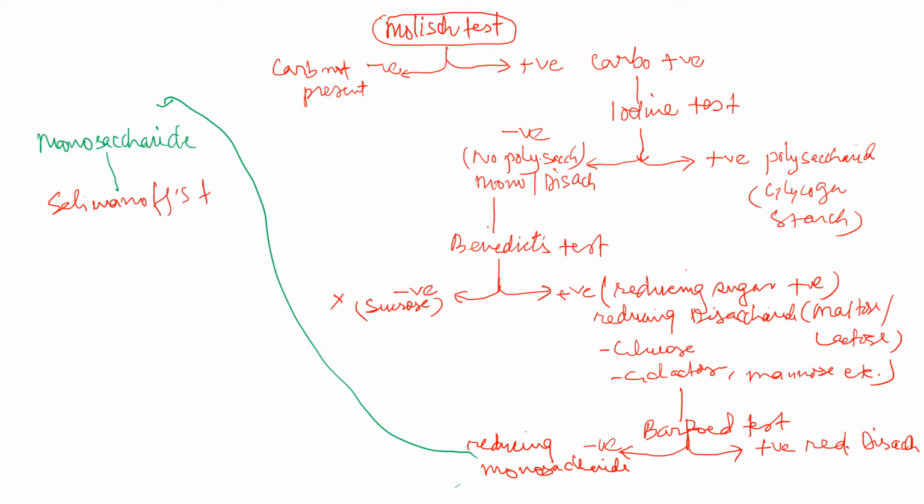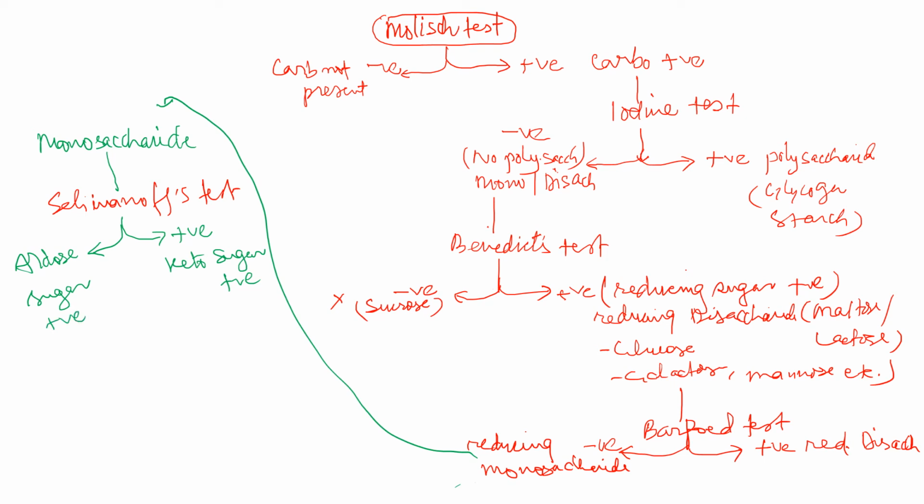If Selivanov's test is positive, it means reducing keto sugar is present. And if it is negative, it means aldose sugar is present.